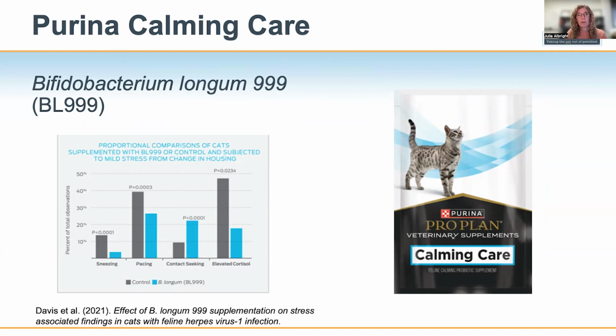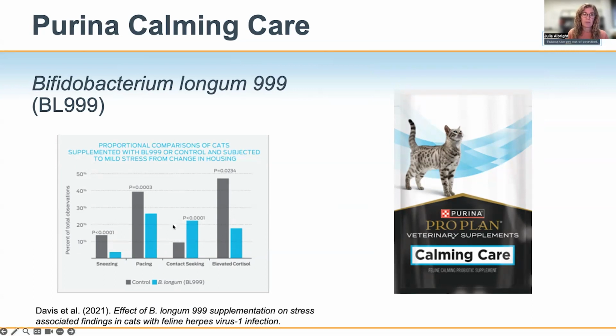So the same Bifidobacterium longum 999, again in a study with Dr. Lappin's lab and his feline herpes virus infected cats, when they were administered Calming Care and went through a stressor, compared to when they were not given the Calming Care, there were signs they were friendlier.